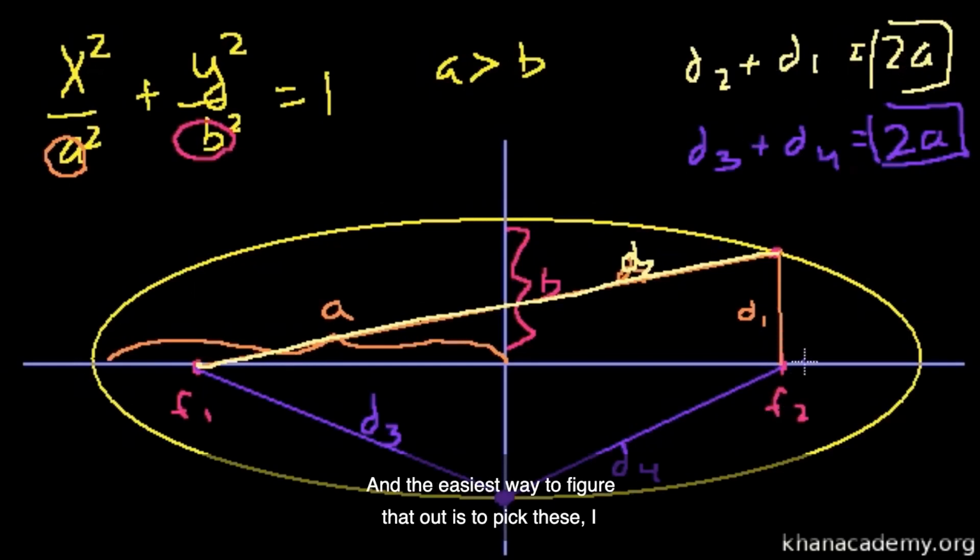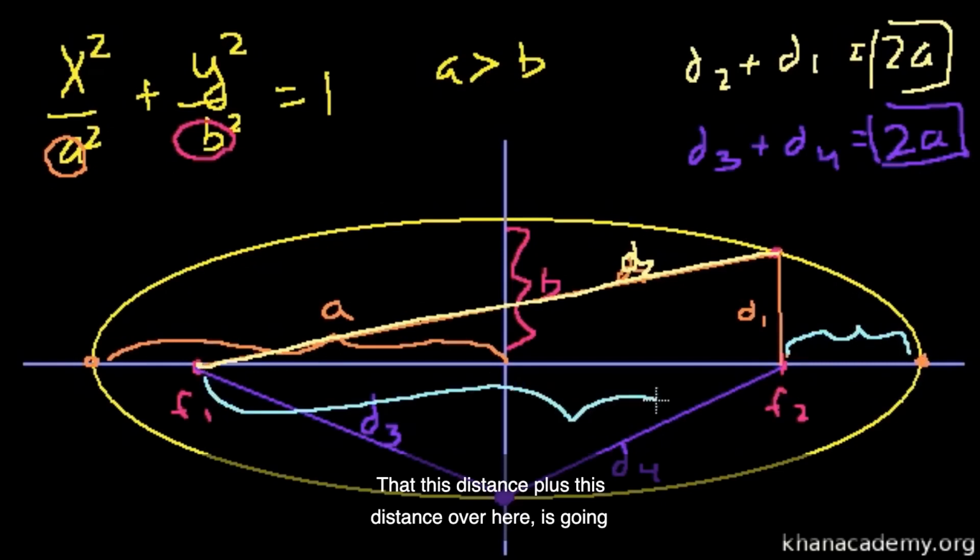But the first thing to do is just to feel satisfied that this distance is equal to 2a. The easiest way to figure that out is to pick the extreme points along the x-axis, here and here, right? We're already making the claim that this distance plus this distance over here is going to be equal to some constant number.